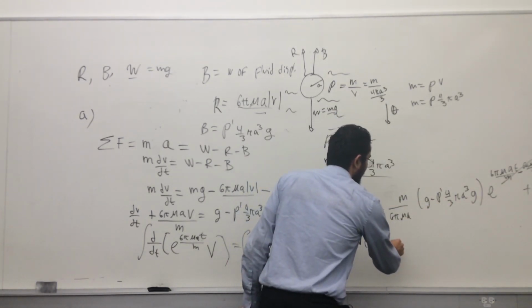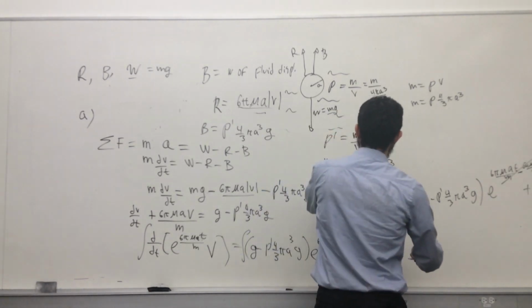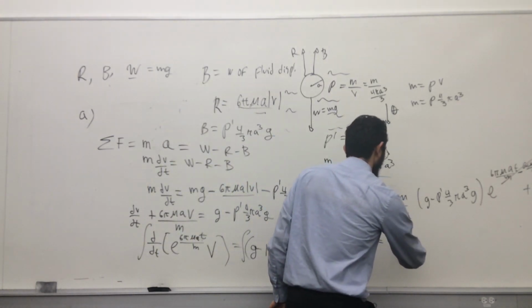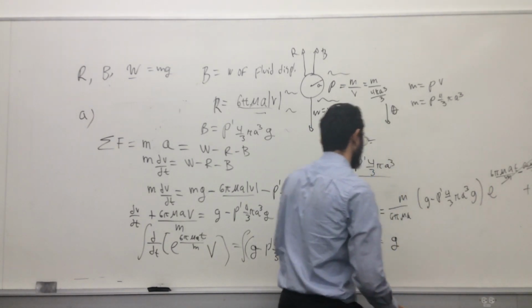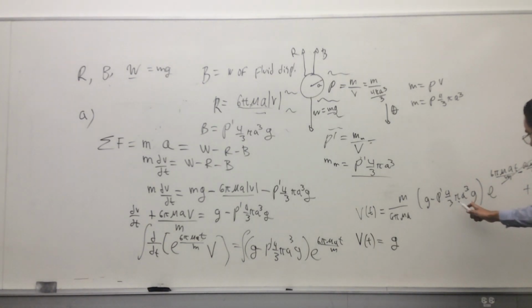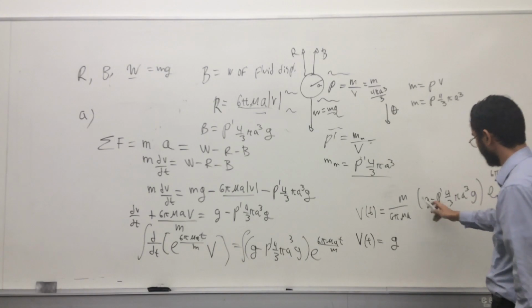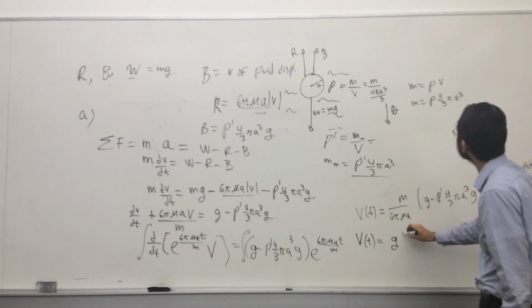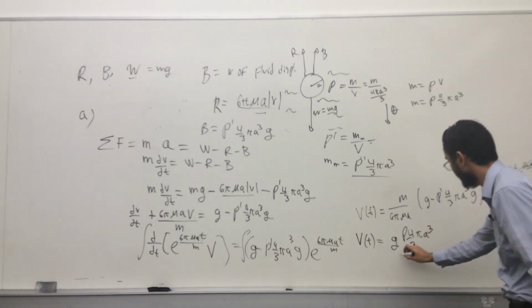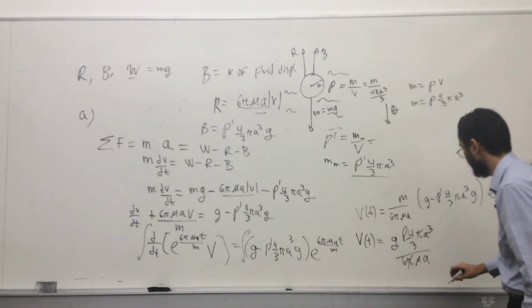We're going to have g multiplied by rho, so rho 4/3. But I feel like here we don't need to do that. Let me see something. Okay, so if we do that, we're going to get rho 4/3 pi a cubed, then divided by 6 pi, this pi goes away, mu times a.